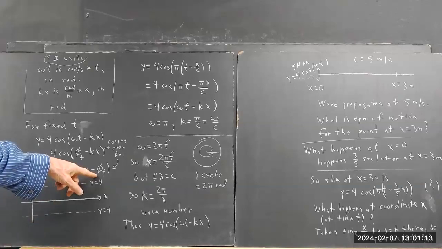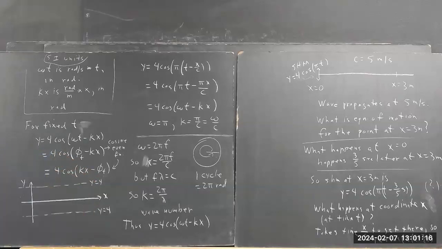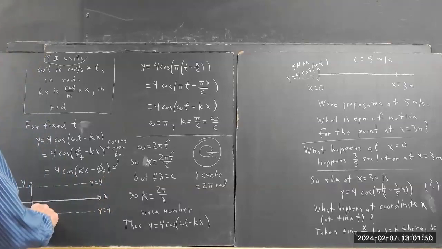Phi t is just a constant. So whatever phi t happens to be, this point is 0, 4 cosine of phi t. And now we can sketch the graph. It's a cosine function. It starts here. Here's the top, here's the bottom.